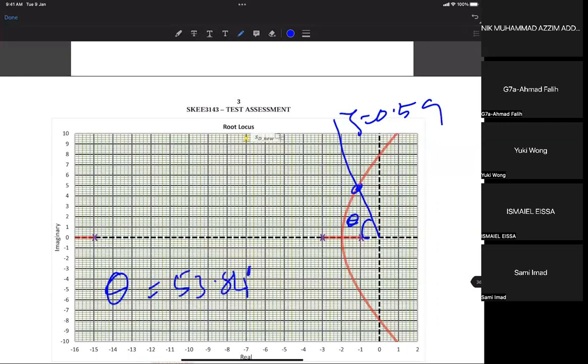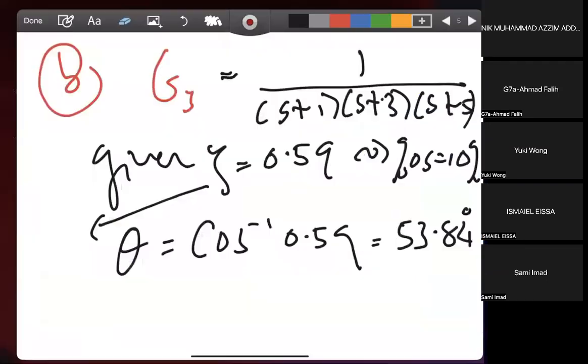So this is the old dominant pole, which is from the graph minus 1.75 plus J 2.39. That is based on the zeta 0.59.